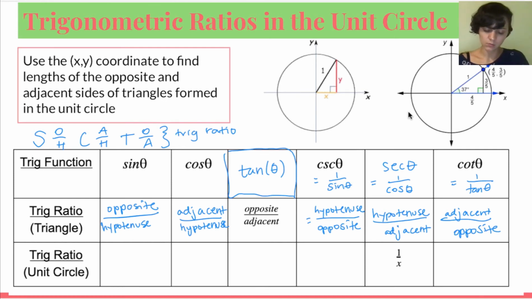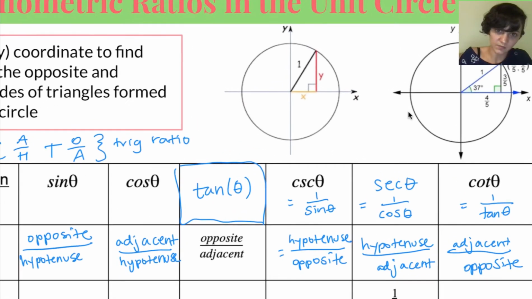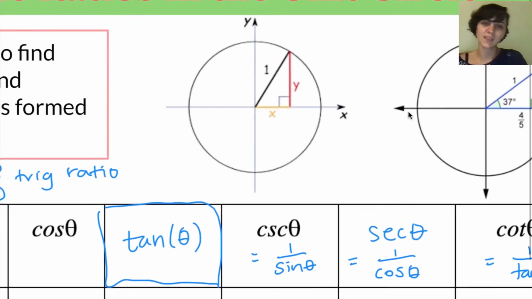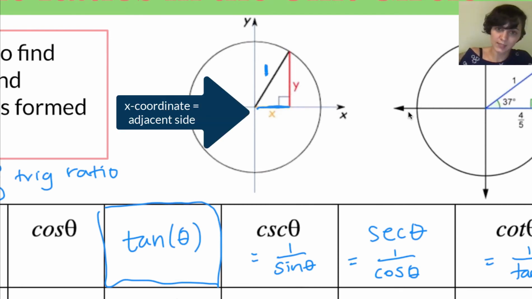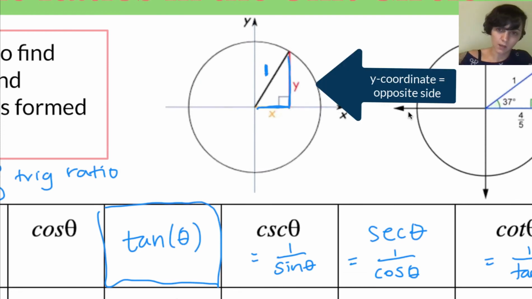And so it's easy to see in this first little picture, in this first graph, what the opposite, the adjacent, and the hypotenuse are. So the hypotenuse in the unit circle is always 1. That's easy. And then this x side is the adjacent. So x is always your adjacent side, and y is always your opposite side. Okay?